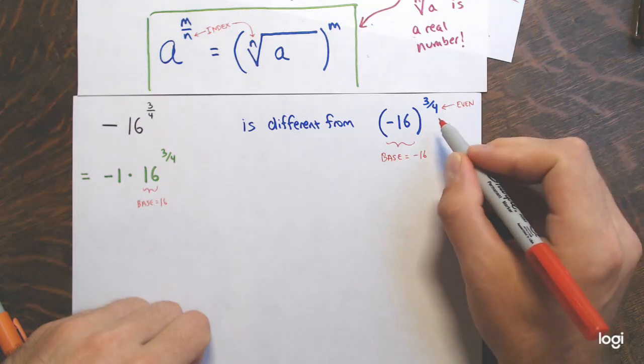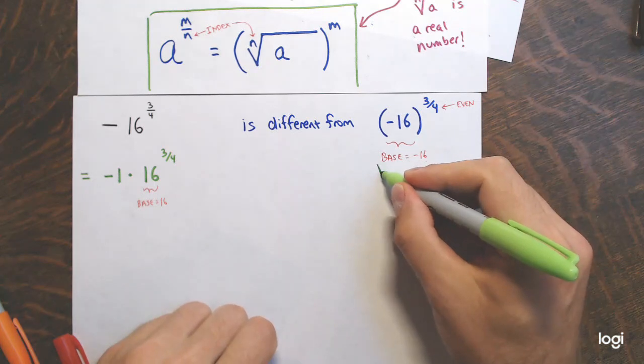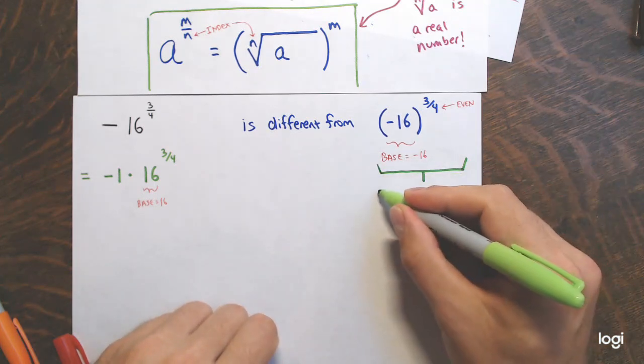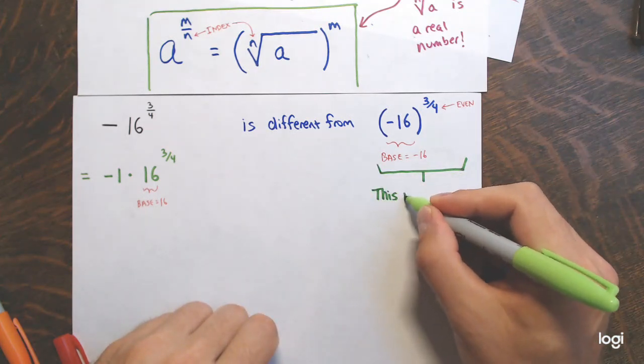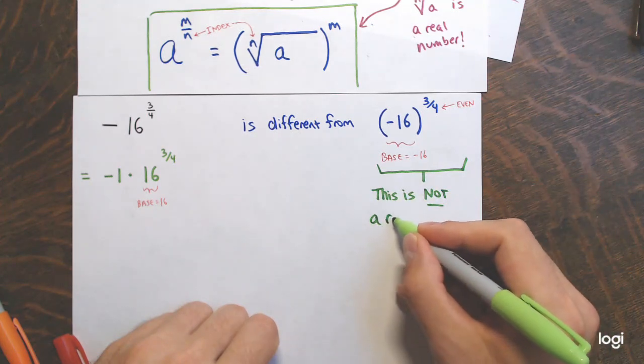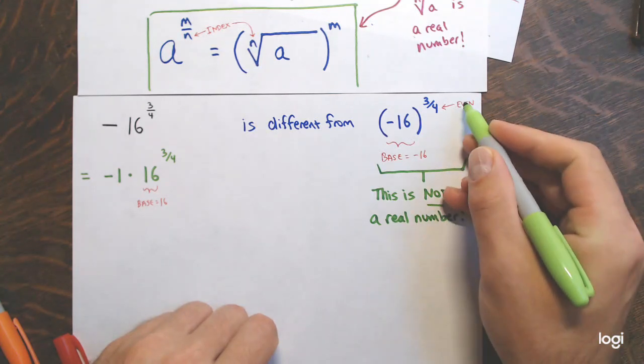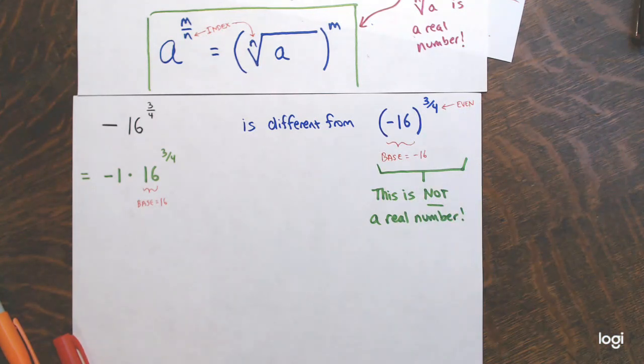An even root of a negative number. The expression on this side is not a real number, because you're taking an even root of a negative number.